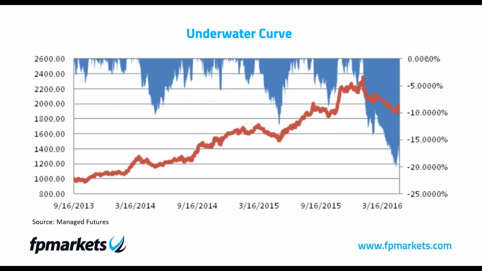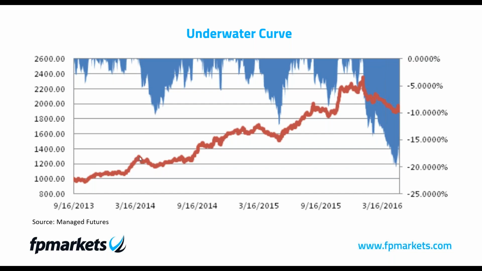So our underwater curve is positioned to the right hand, and the equity values are positioned to the left. So as you can see, we have a higher peak in our equity, followed by a subsequent dip in our equity, and this is demonstrated through the underwater curve.